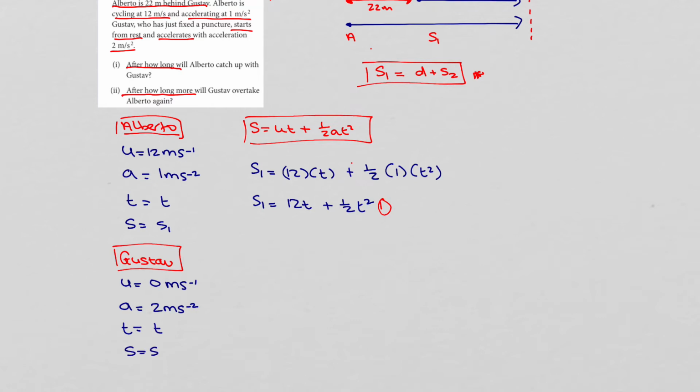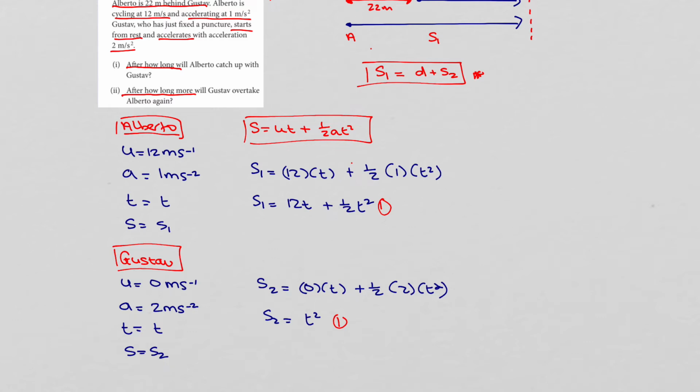And the distance that he travels we're going to call S2. So again, subbing into the same equation, s equals ut plus a half at squared, we're going to have 0 times t plus a half times 2 times t squared. And that gives us S2 is equal to t squared.